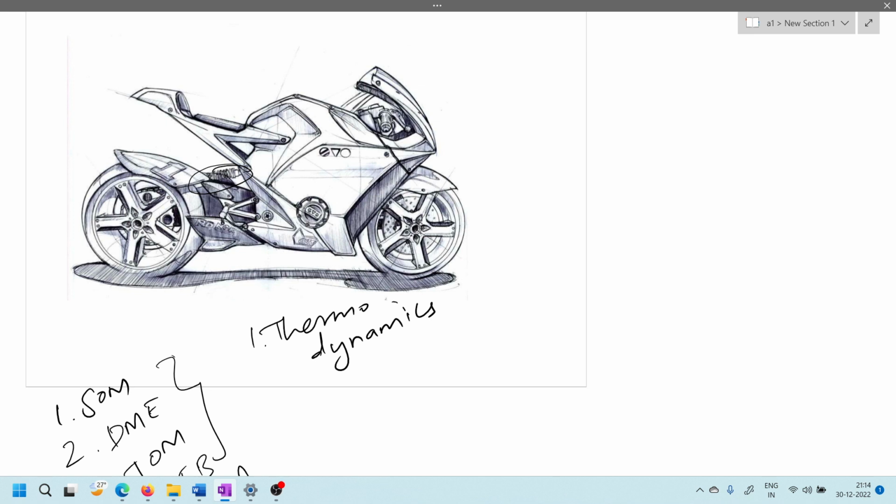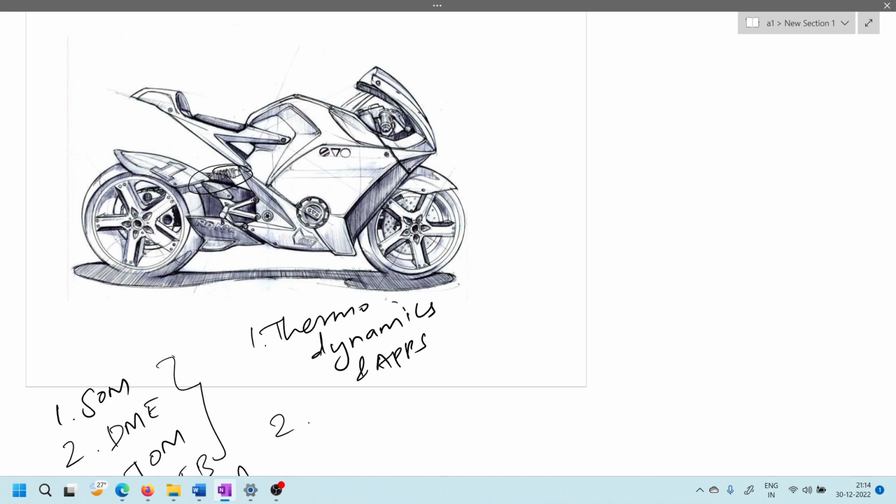In thermodynamics, we study the laws and their applications. It is mainly used to calculate how much energy is generated in the engine and the overall thermal efficiency. All of these things we could calculate using this topic.